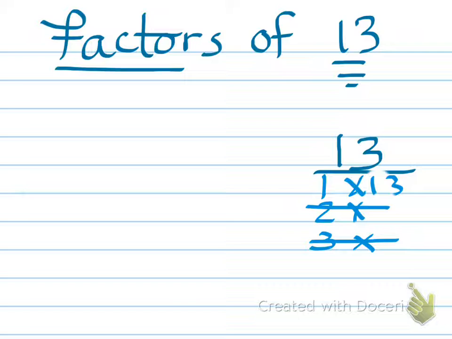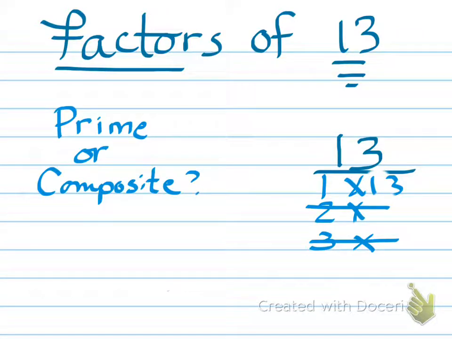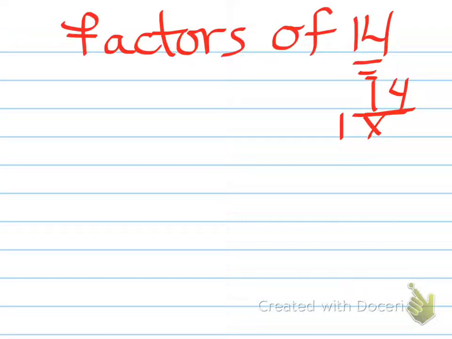That's it. So that being said, is the number 13 a prime or a composite number? Yay! Composite number. I'm sorry, prime number. It is a prime number. Good job.